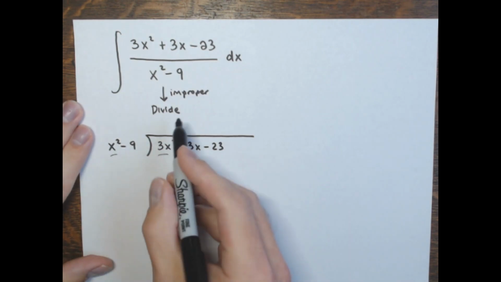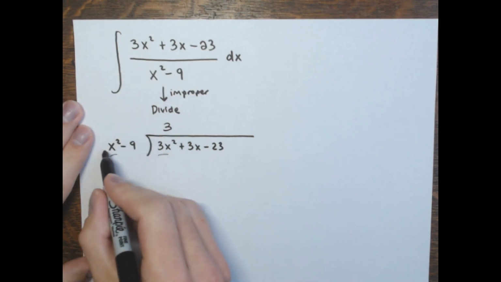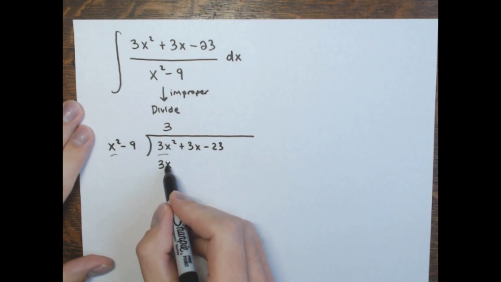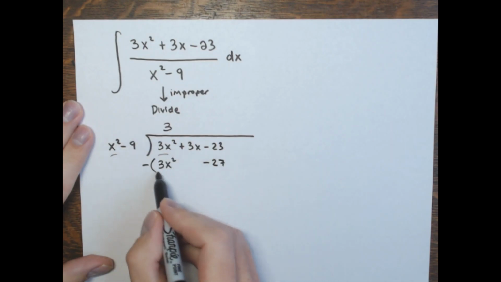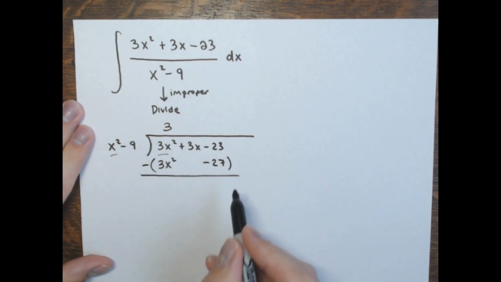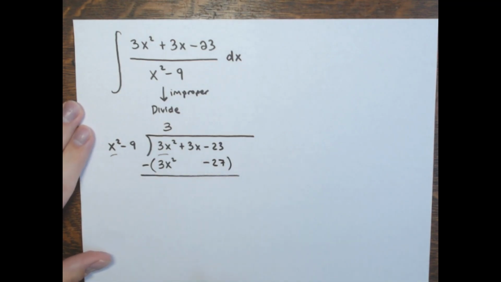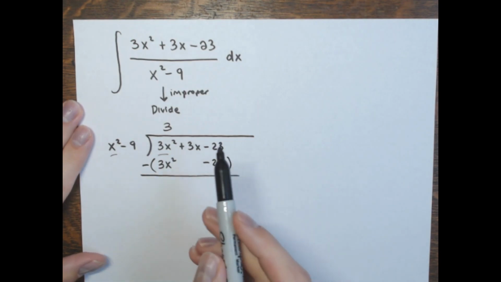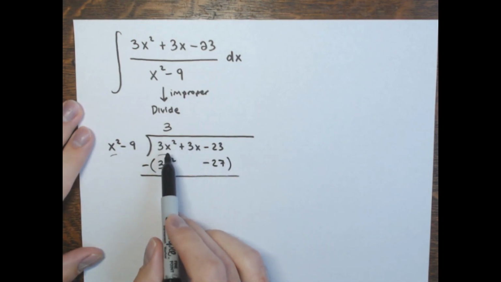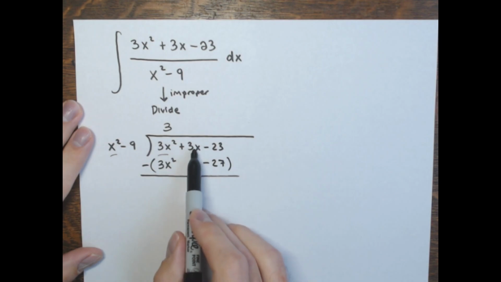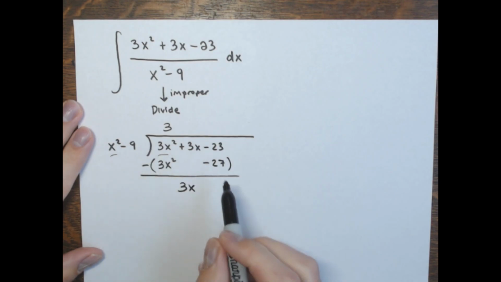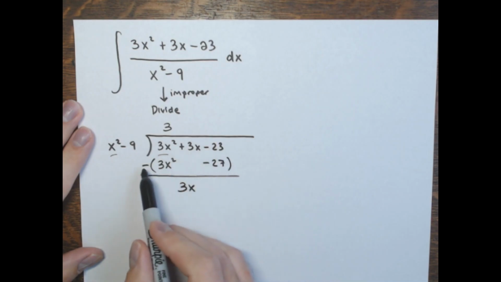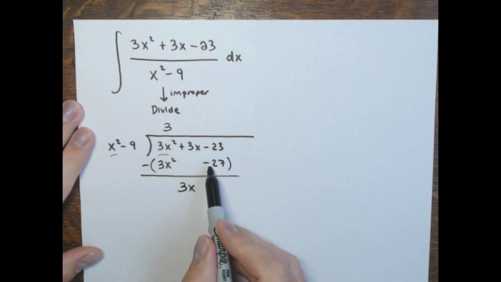Lead terms, 3. Multiply: 3x squared minus 27. And I'm subtracting all of that from the line above. 3x squared minus 3x squared is nothing. 3x minus no x would still be 3x. And then negative 23 minus negative 27.